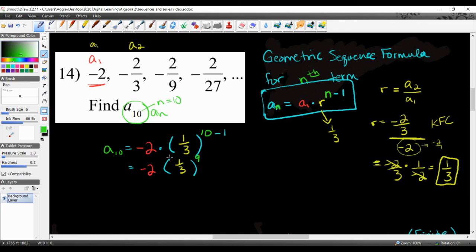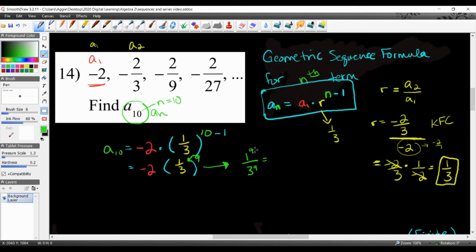Now we can go ahead and apply this exponent to the number. If you don't have a calculator that can help you do this, you can expand it to look like this: 1 to the 9th power over 3 to the 9th power. And then this is what you would work out. 1 to the 9th power is 1 times 1 times 1, 9 times.